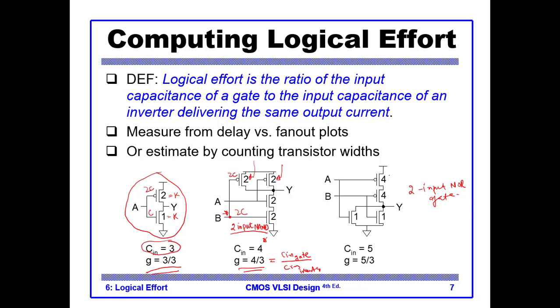So that's why it's 4. Now if I look into the input, I have a capacitance at the gate 4C and 1C, which is 5. And the unit inverter has an input capacitance of 3. So that's why the logical effort of a 2-input NOR gate is 5 by 3.